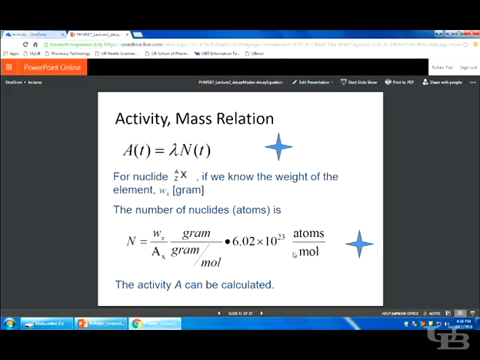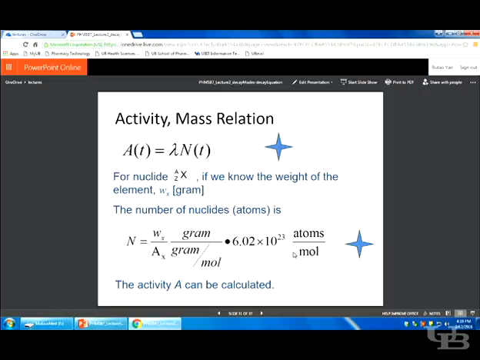First, you divide this mass by the atomic mass number. This will convert that mass to how many moles you have. And we know that in each mole, the number of atoms or molecules is Avogadro's constant, 6.02 times 10 to the power of 23. So if you multiply by that number, now you get the number of atoms, N.